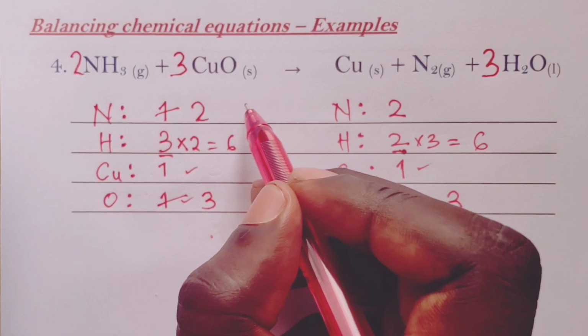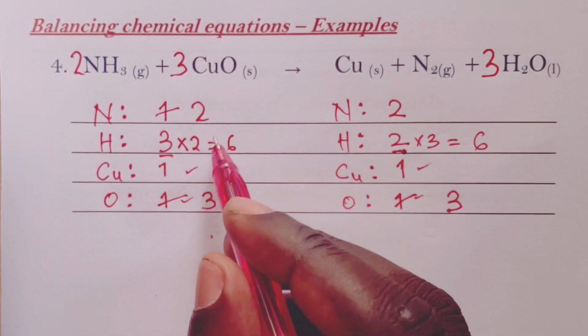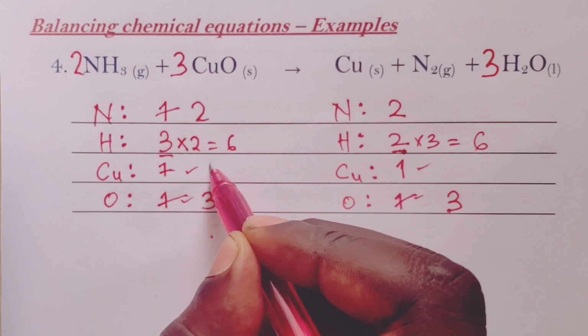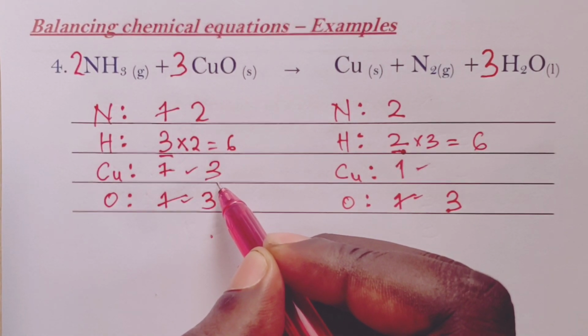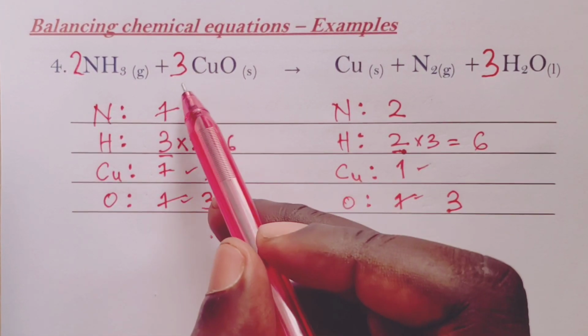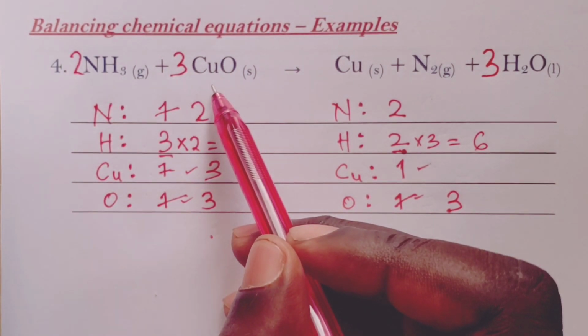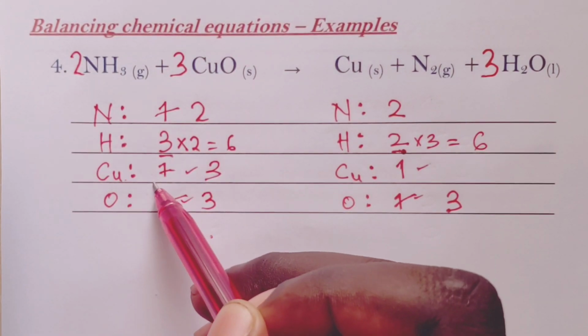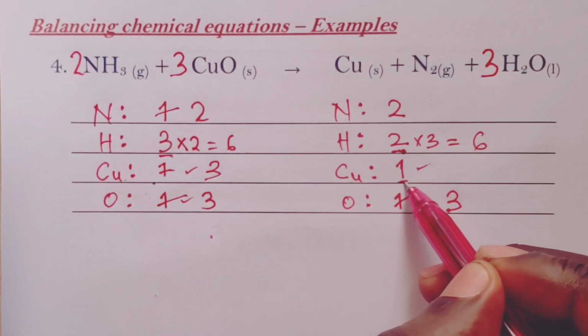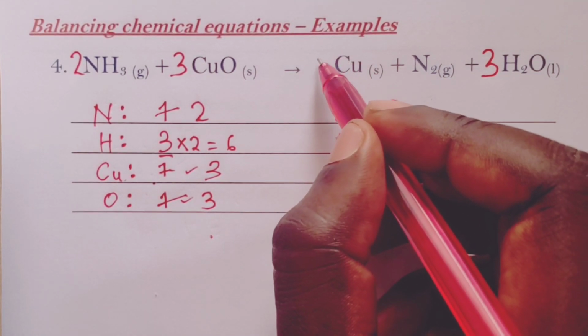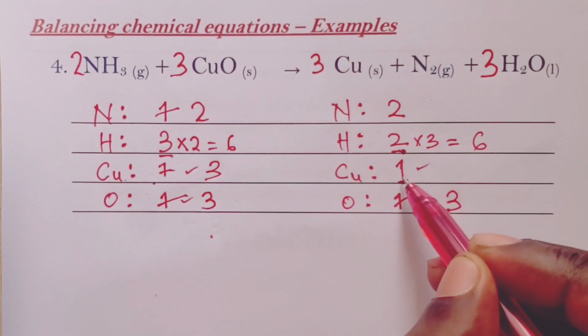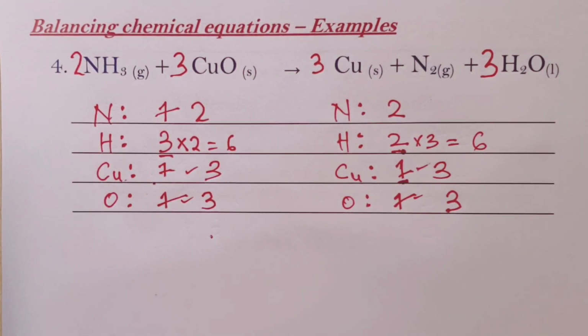But you realize that my copper has now moved from 1 to 3. So by putting a 3 here, I'm creating an imbalance on copper atoms as well. Now I have 3 on the left, but I still have 1 on the right. So how do I make these 3? By putting a 3 on copper. Then that gives me a finally balanced equation.